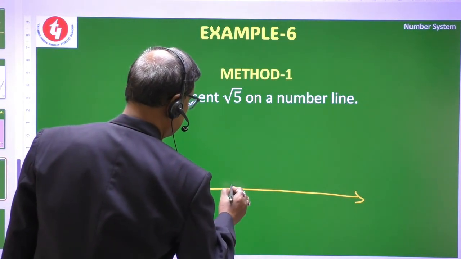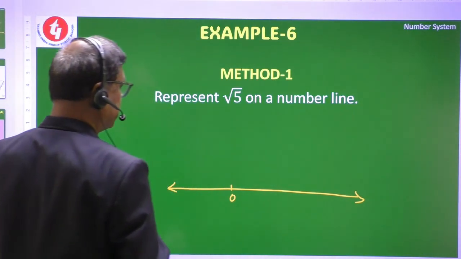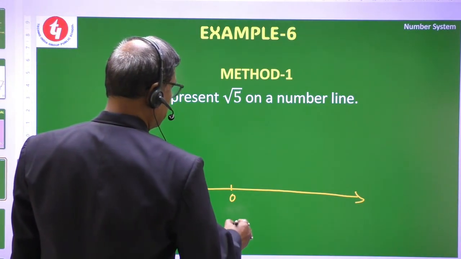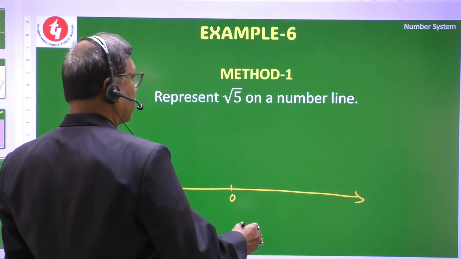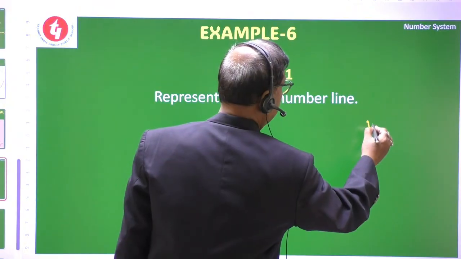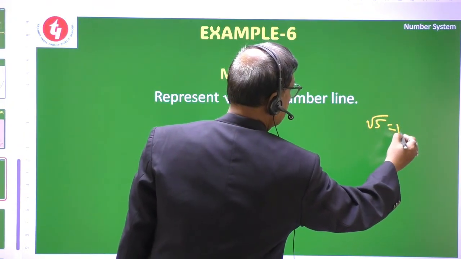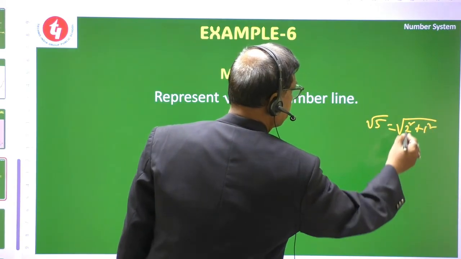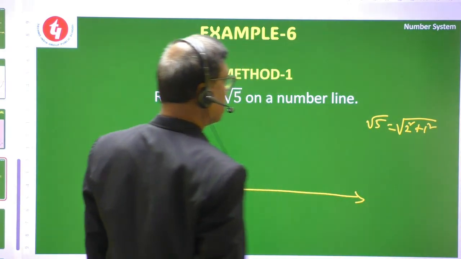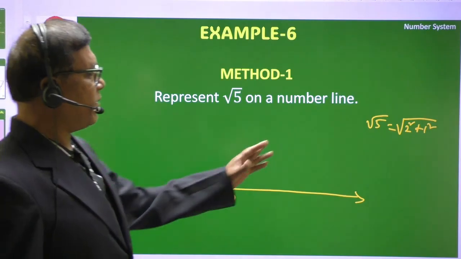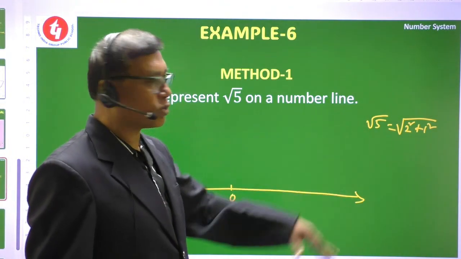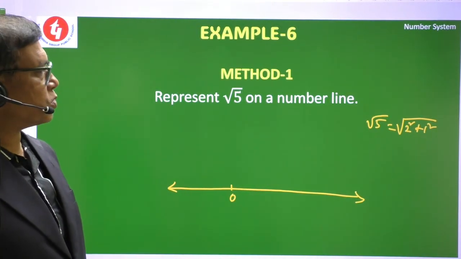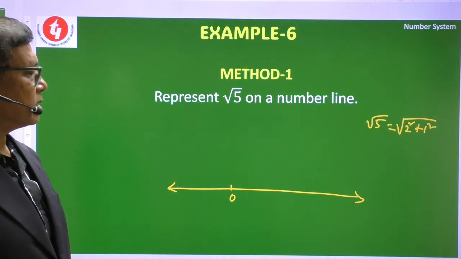We will mark this point as origin. Now root 5 is 2 square plus 1 square, 4 plus 1, 5, yes or no? So 5 is expressed as the sum of two squares, that is 2 square plus 1 square.